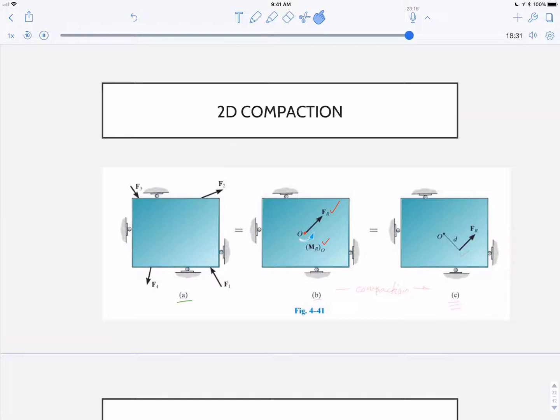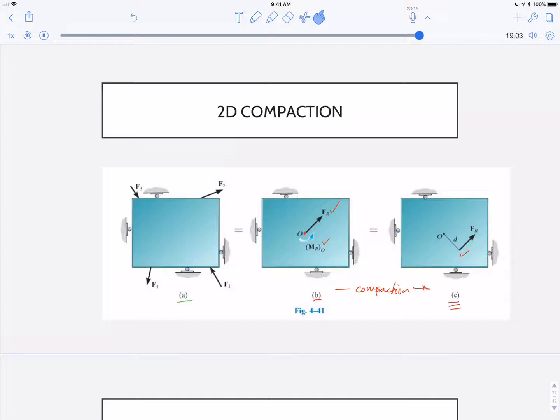Then, if you move that force to a different spot here, notice that F times D will make a moment about O. This C is equivalent to B. Putting a force offset from O will be the same as putting a force at O and putting a moment at O. This is what we're calling compaction.